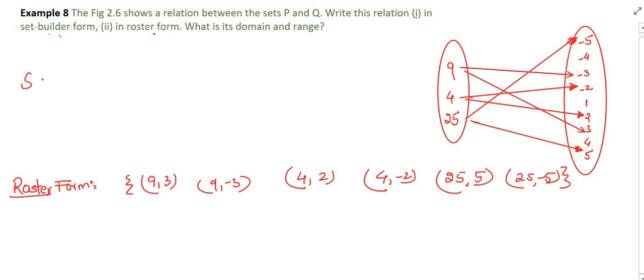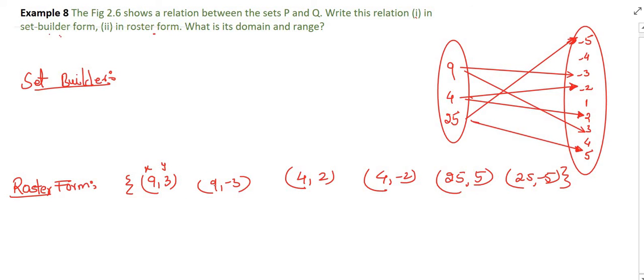Now we have to write it in set builder form. In set builder form, guys, we have to write a definition. If you observe carefully the first element x and the y element, x is nothing but the square of y. Don't you feel that?